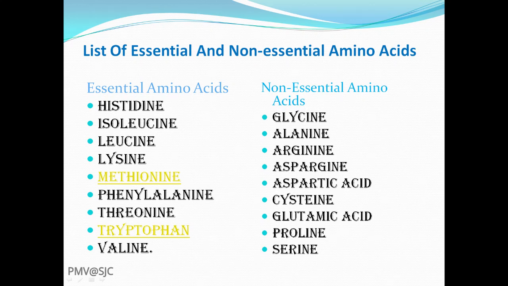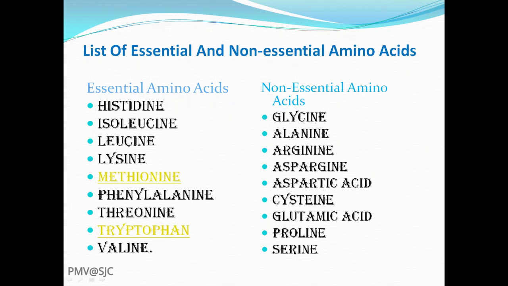Out of these, 9 to 12 amino acids are essential to the body and the remaining are non-essential, meaning the body is able to synthesize them on its own.